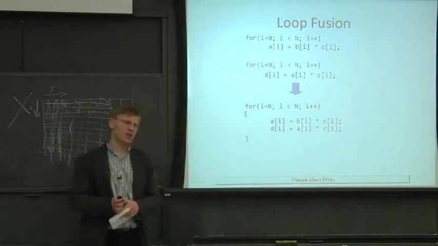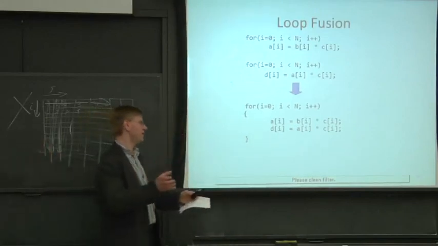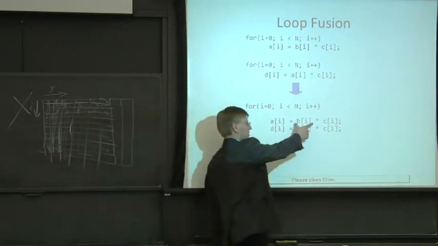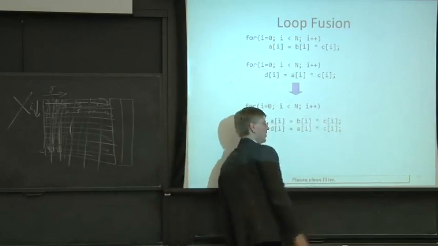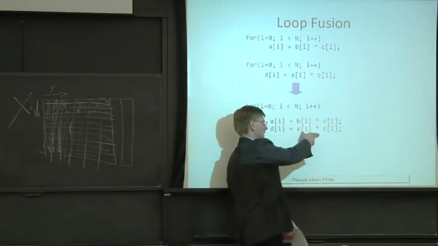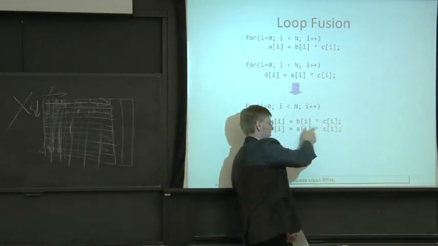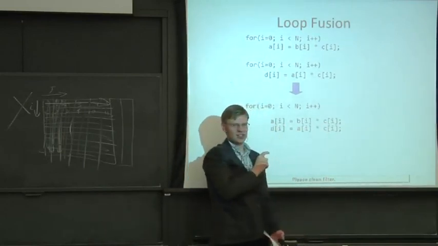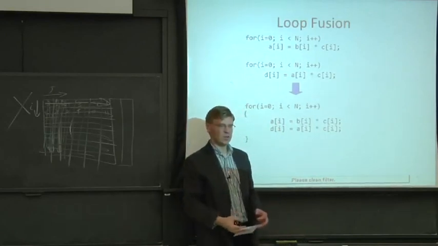here. What's nice about this is you're actually going to bring in a cache line of B of I, bring in a cache line of C of I, do the multiplication. Well, you already have A of I because that's your destination, and you just have that in a variable.